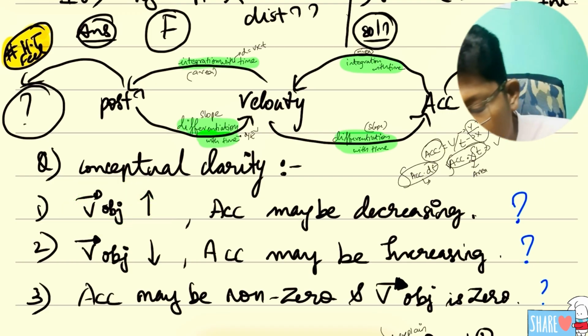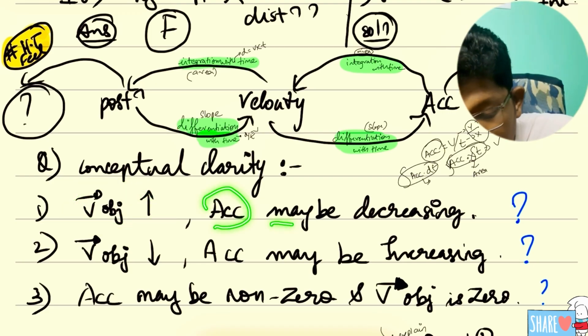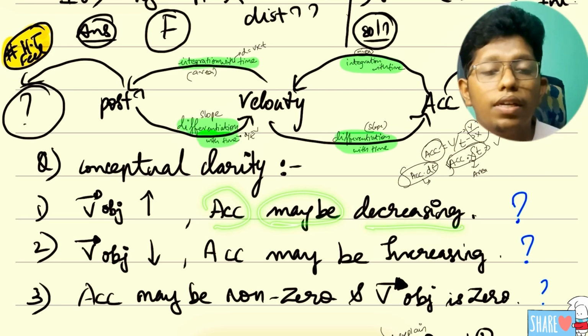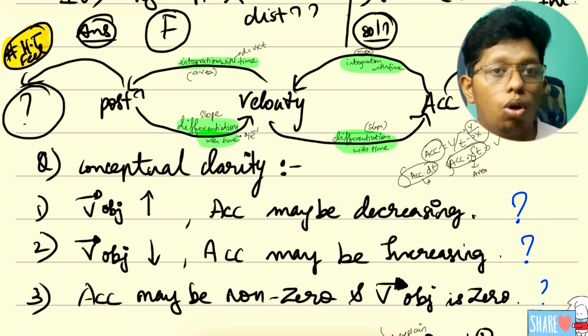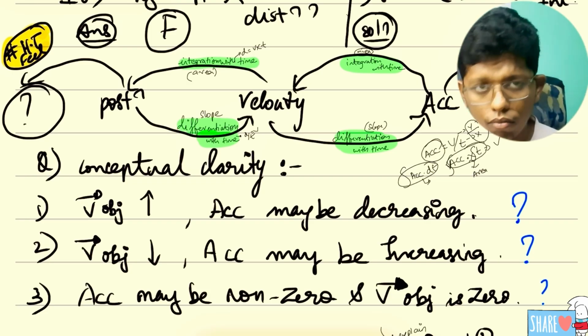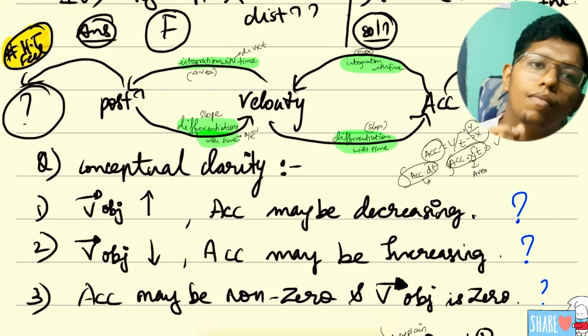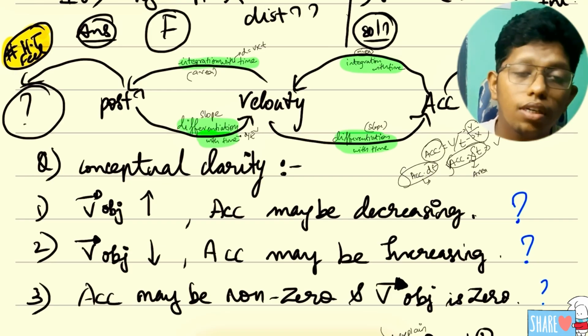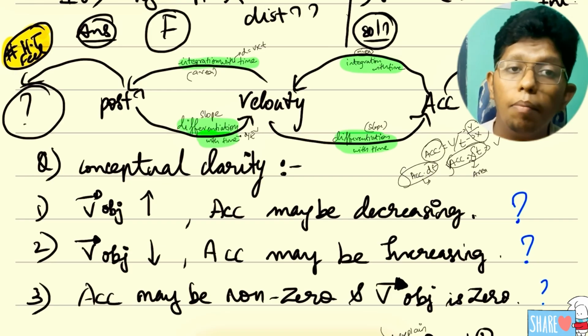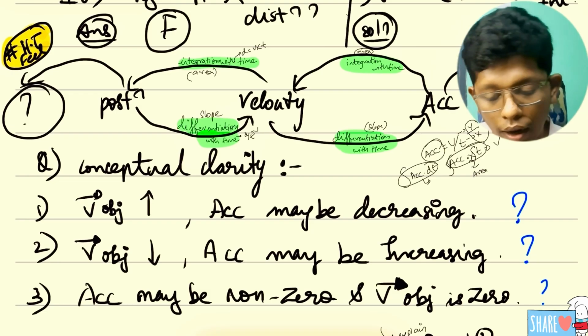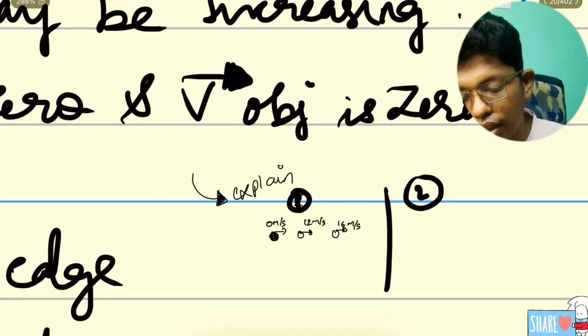You may think I am asking whether acceleration may be decreasing, whether it is actually correct or wrong, whether any case can happen. If you think you really know, definitely say it in the comment. So velocity is increasing but acceleration is decreasing, there may be a case like this. Let me take an example, which I have written here.